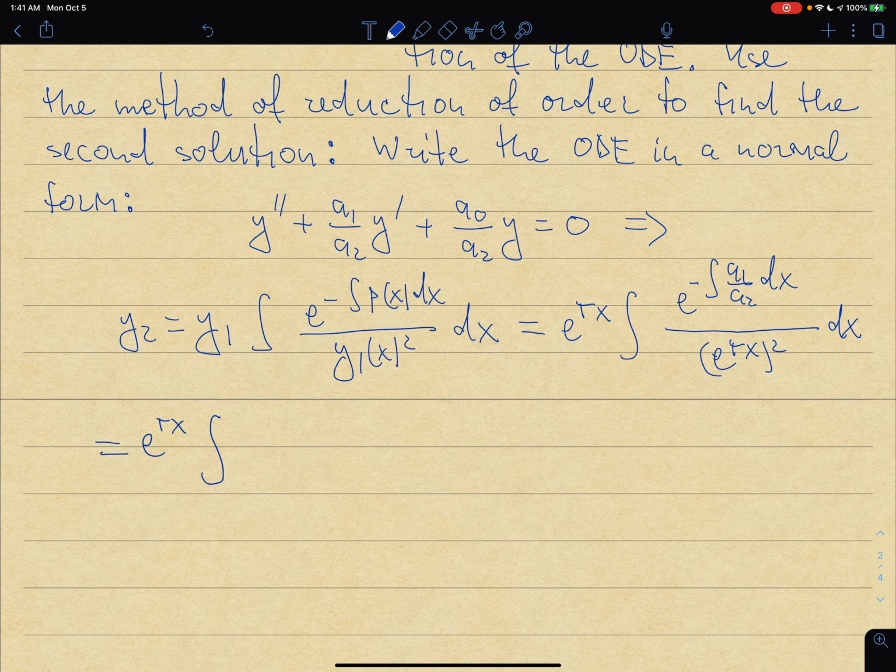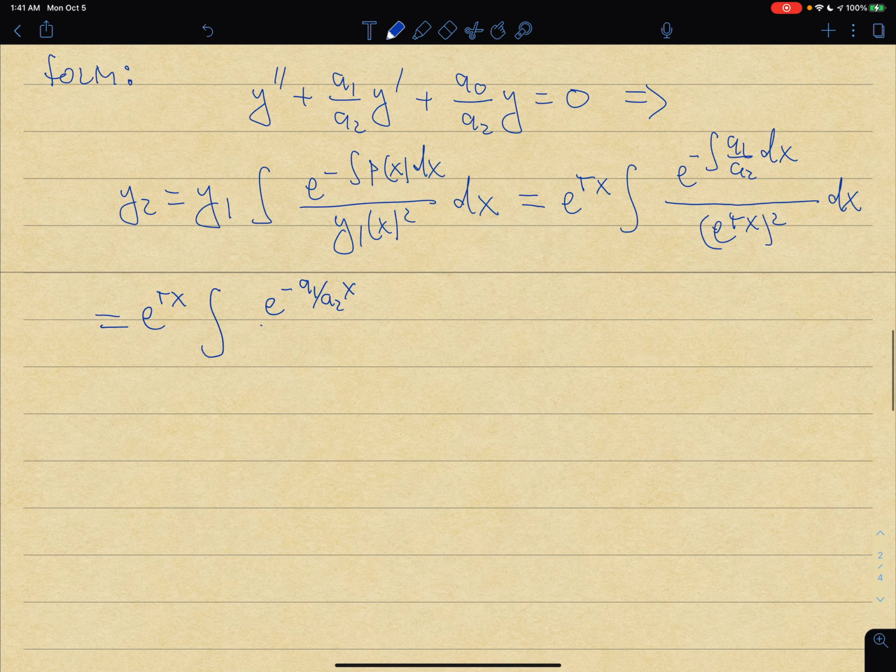What is the integral of a1 over a2? That's minus a1 over a2 times x. And e to the rx is e to the minus a1 over 2a2 x, squared, dx.